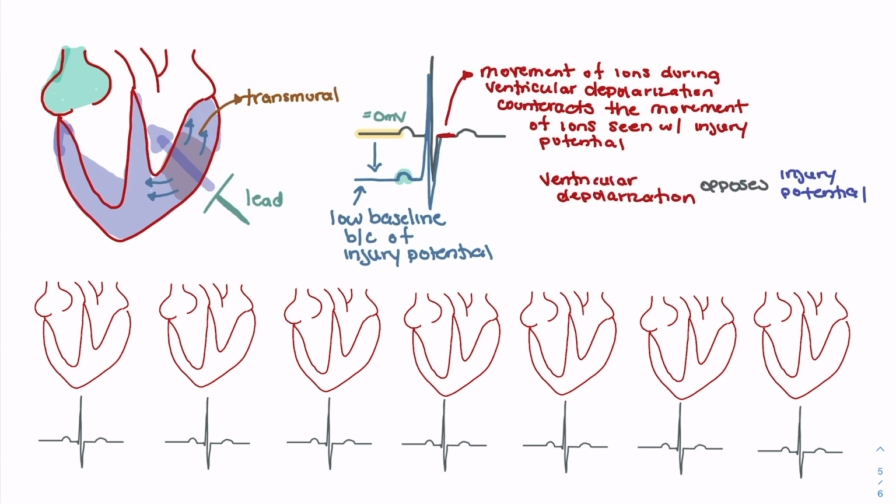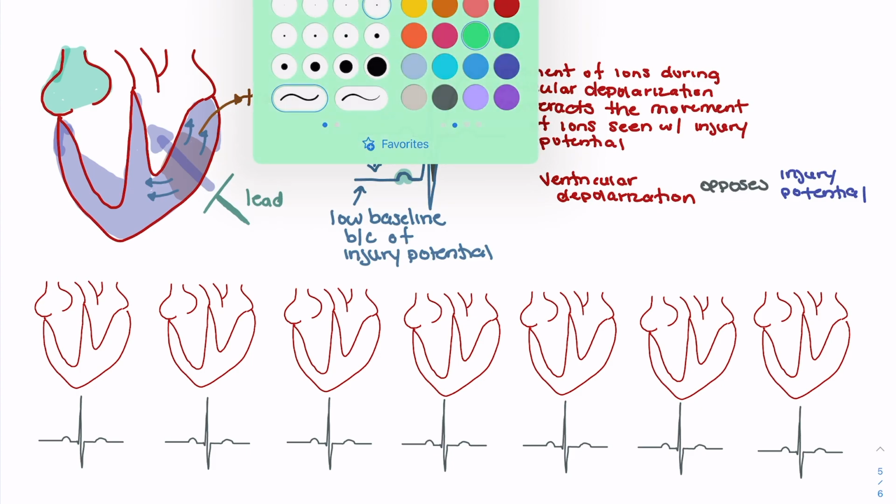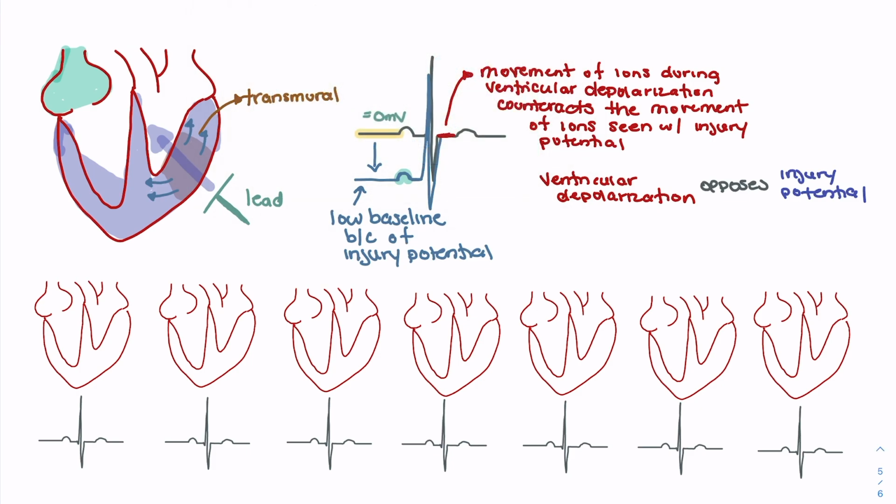Because we have these opposing forces, we go back to a net movement of 0 millivolts. As a result, we go right up to what we would typically see in our baseline, and that's where you get that big ST elevation.